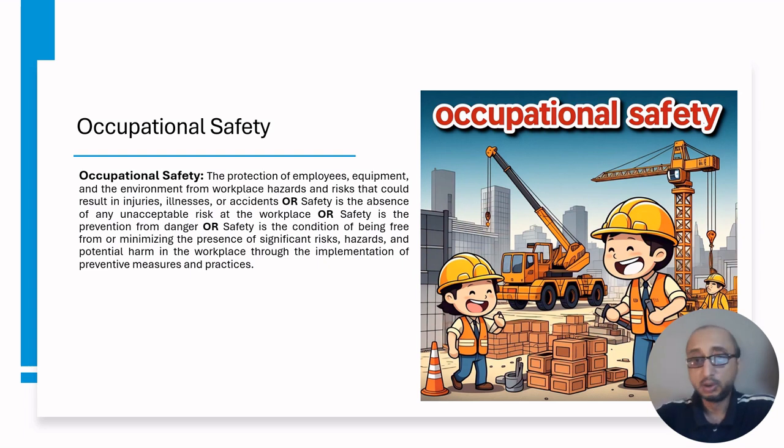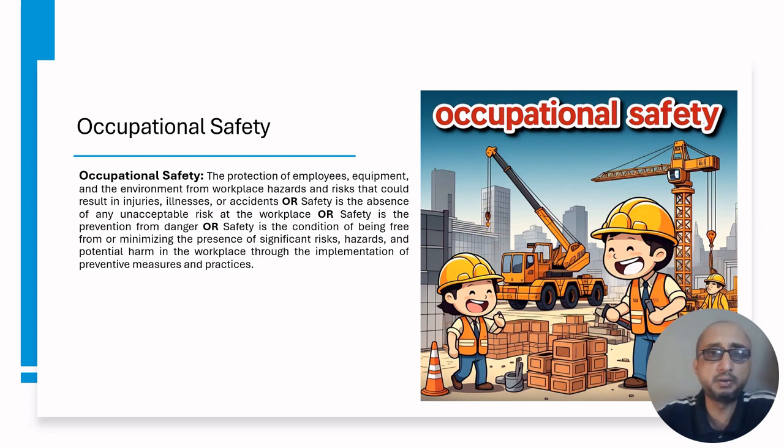Let's understand them. Basically, we know that workers are doing a lot of activities in the organization on a daily basis which are very dangerous to their health and safety, like lifting activities, work at height, etc. So these activities are very dangerous. It is the responsibility of organizations to make sure that when workers are performing these activities, no unacceptable risk is present. So what is unacceptable risk?